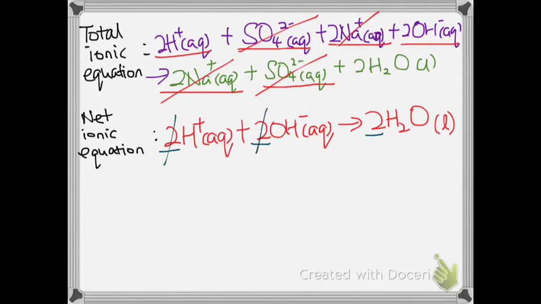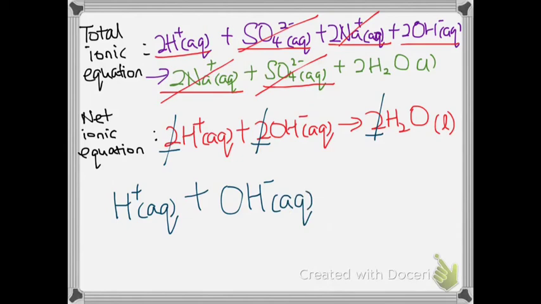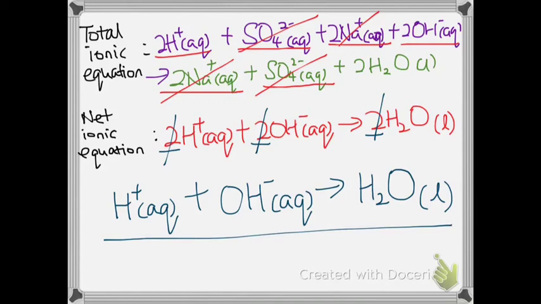Therefore, that can be simplified to just give you H+ (aq) plus OH- (aq) to give you H2O (l). And therefore, this is the net ionic equation for the reaction between sulfuric acid and sodium hydroxide.